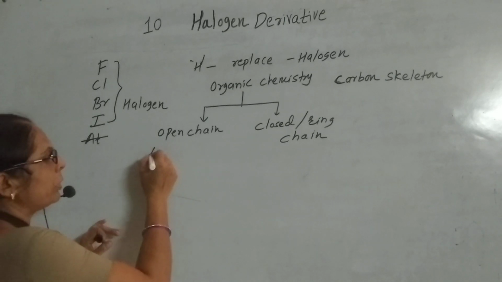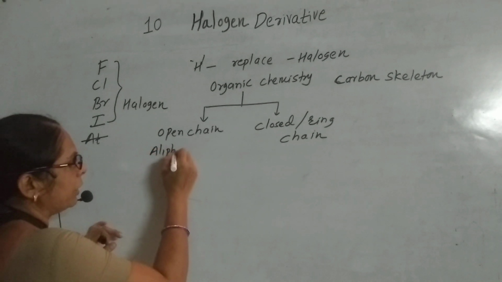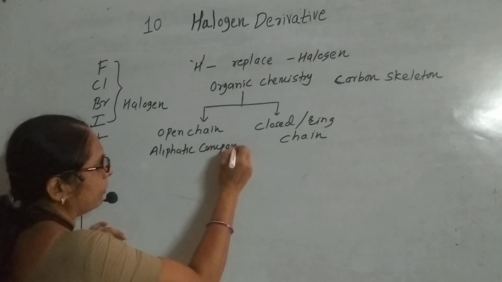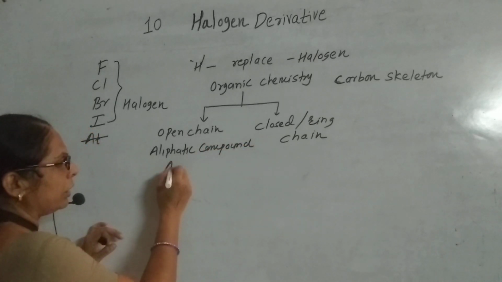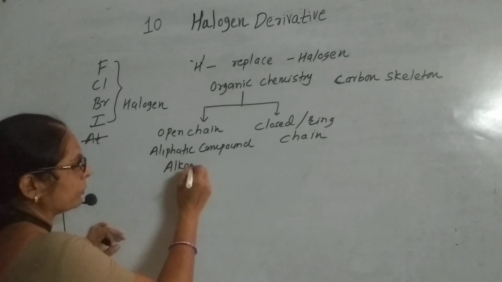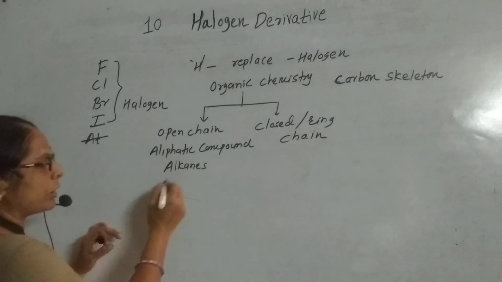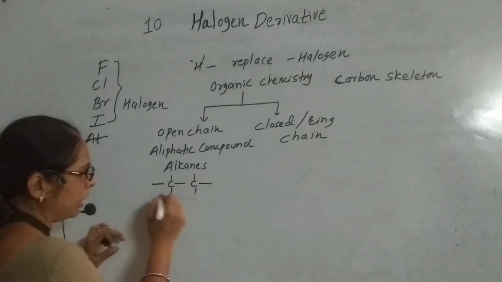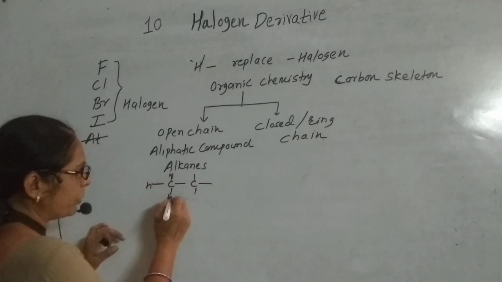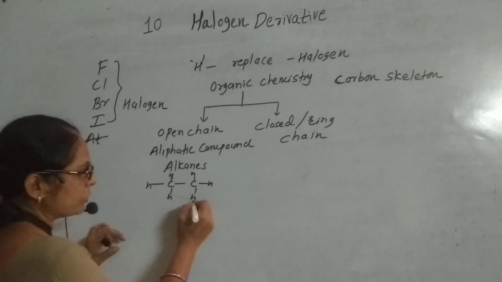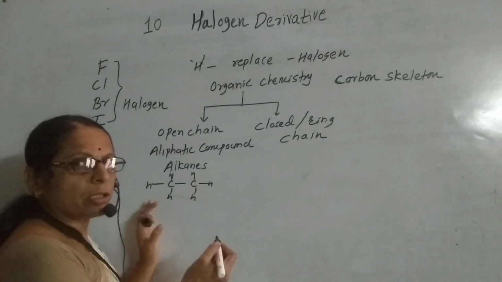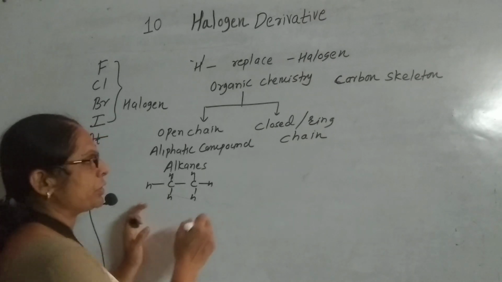Open chain compounds are aliphatic compounds. They contain alkanes, because they contain an open chain. If you consider a 2-carbon alkane, it has an open chain of carbon. Therefore they are called open chain compounds. Remember, open chain compounds may contain straight chain and branched chain.